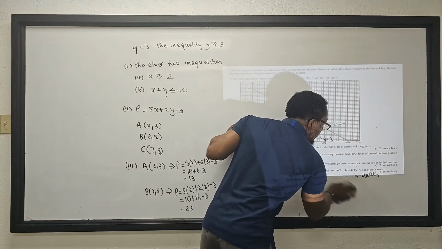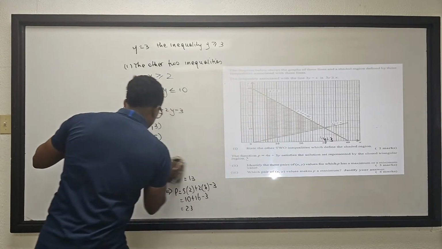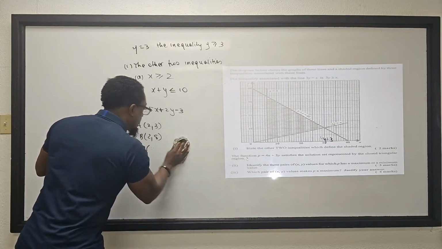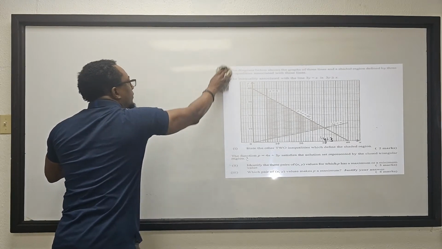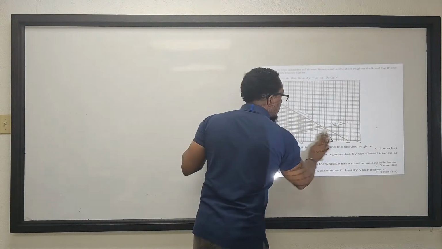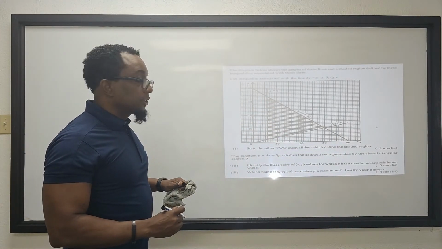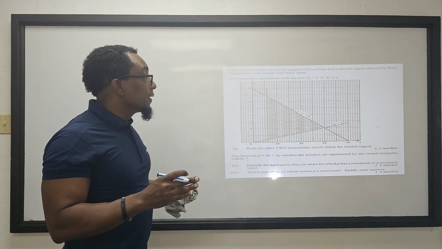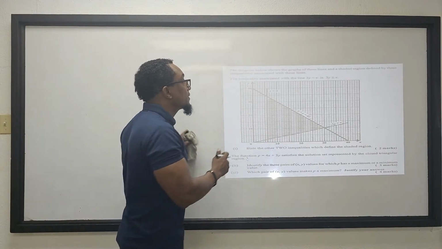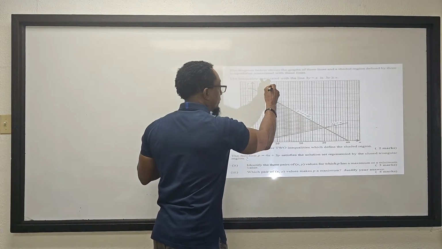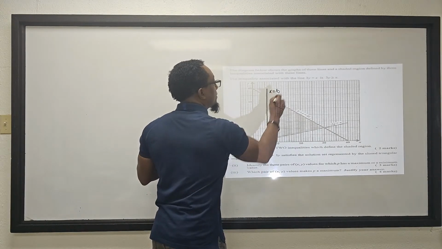So, linear programming. Alright, so we have 3 equations represented by lines, and of course we have the satisfied region represented by inequalities. That's the shaded region. Let's highlight. We have here the line x equal to 6.